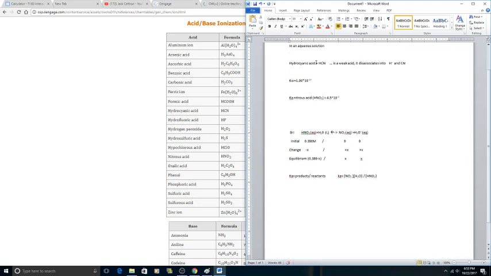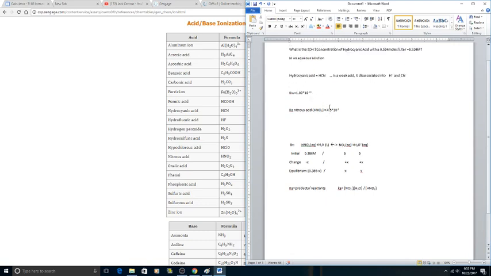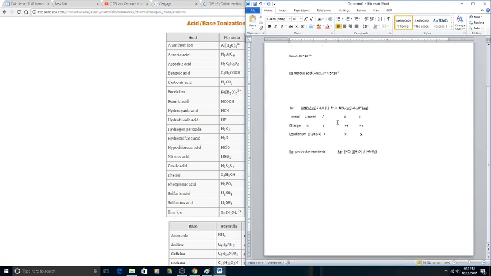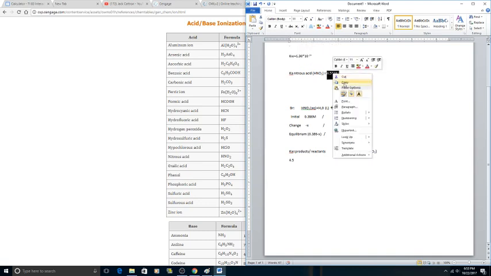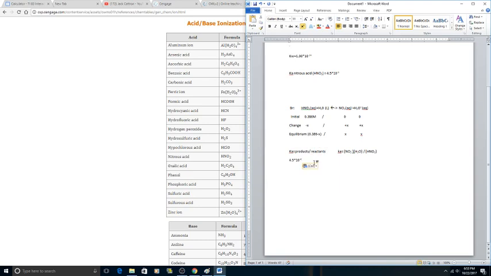So Ka is equal to 4.5 times 10 to the negative 4 is equal to x squared over 0.386 minus x, and then we solve for x.